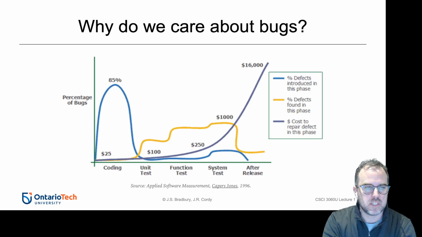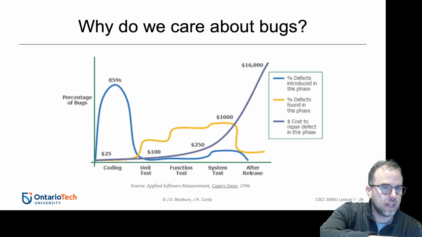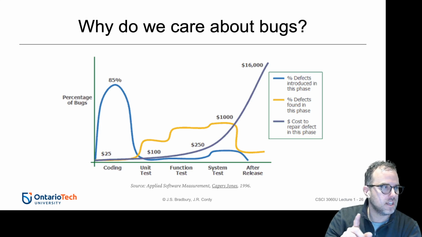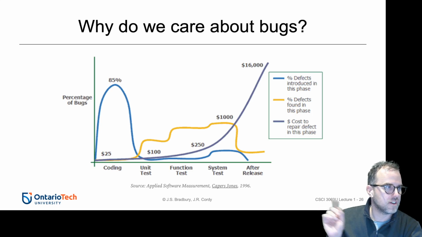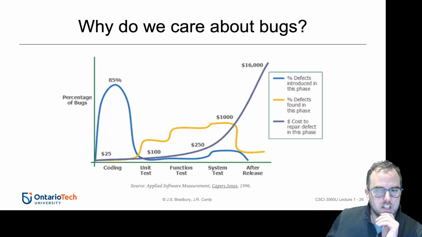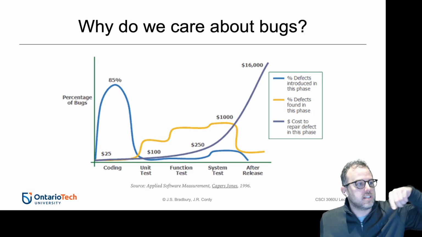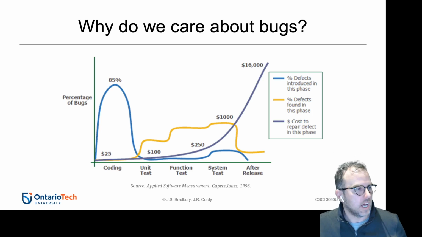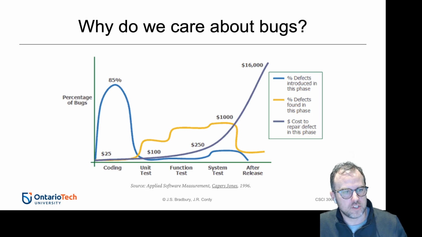If you go to the far side, the blue, you'll see each phase of development, from when you have your source code to unit testing, which is when the developer tests their local piece of code they're working on, function tests, system tests, and after release. So it's the different types of testing you do up through putting the software in operation.